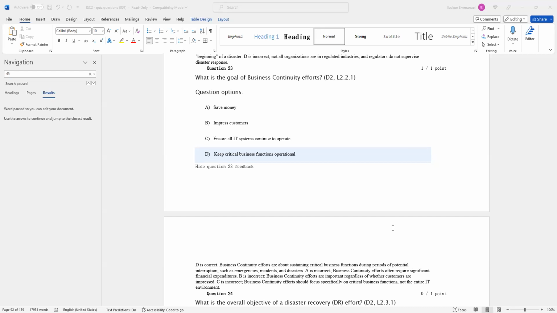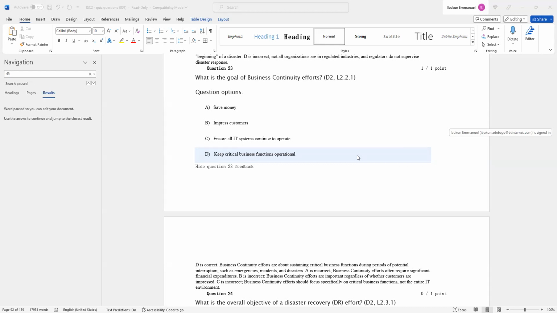And so when a health service or a hospital is planning business continuity, the most critical function they need to focus on as a priority is how do we make sure that our A&E services remain open 24/7. Keep critical business functions operational. That is the goal of business continuity efforts.